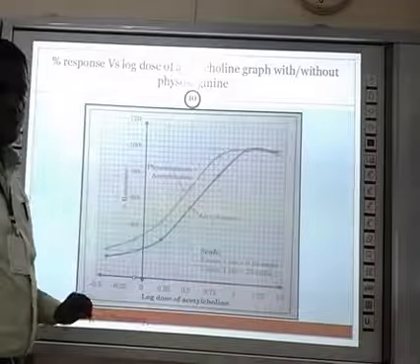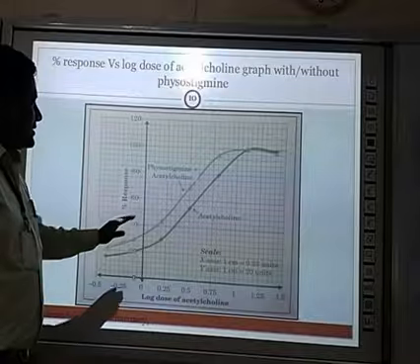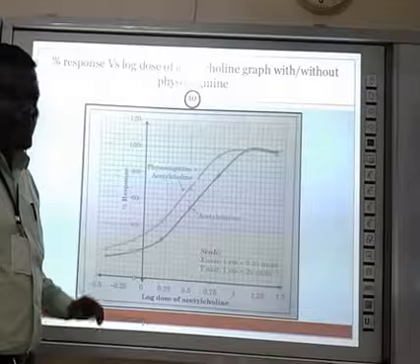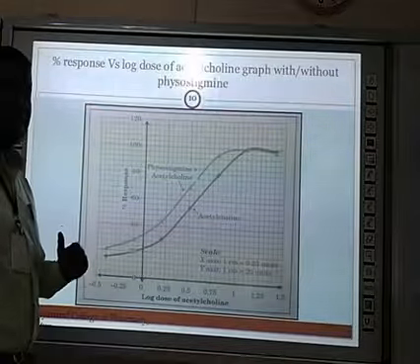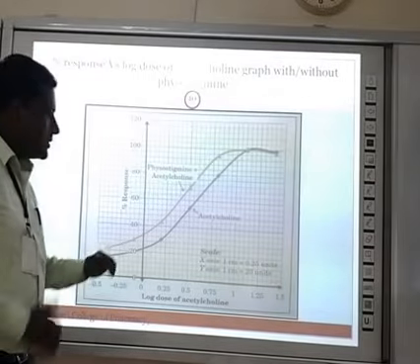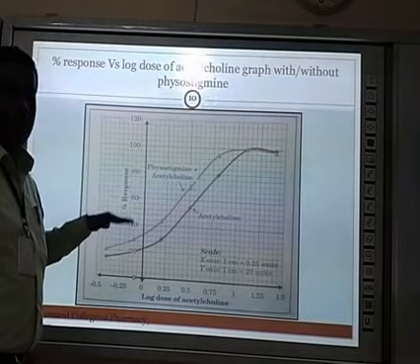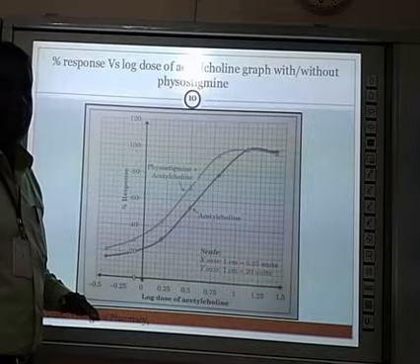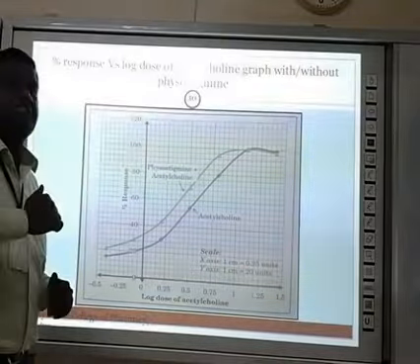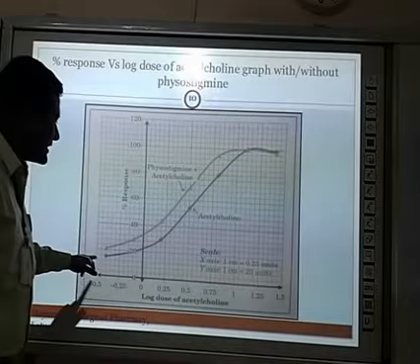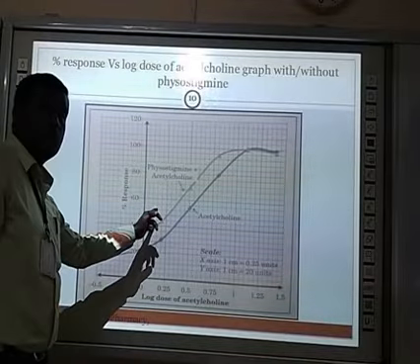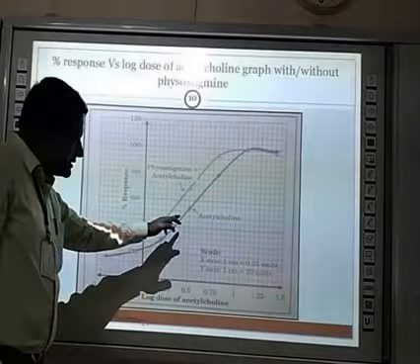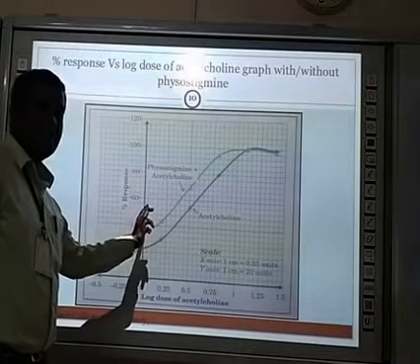From the graph it is concluded that physostigmine shifted the graph towards the left side, meaning after addition of physostigmine with acetylcholine it shows a potentiation effect. Shifting towards the left side means it potentiates the actions.